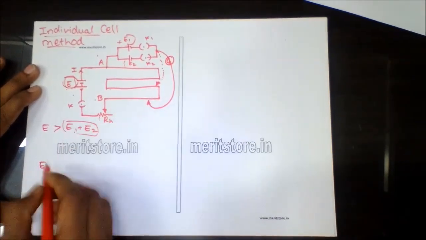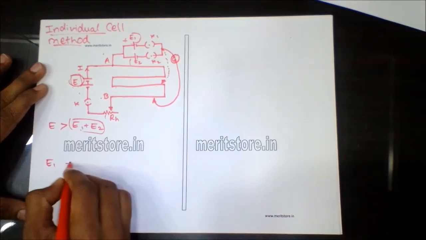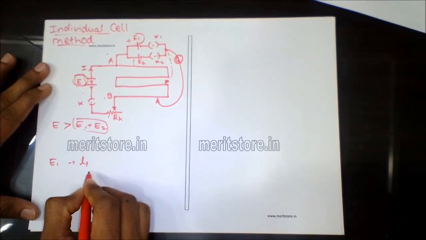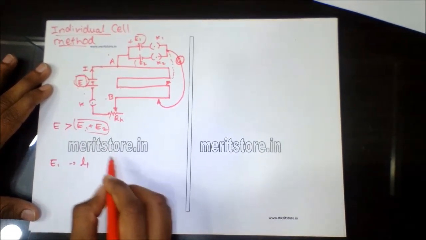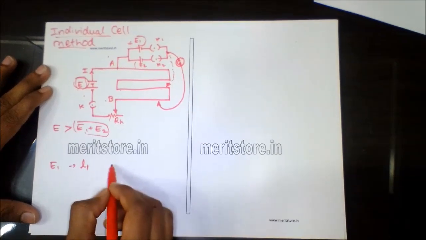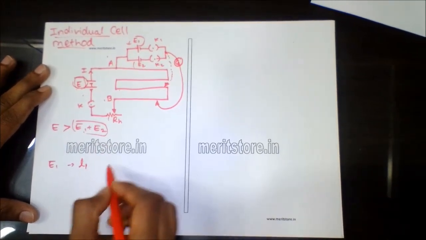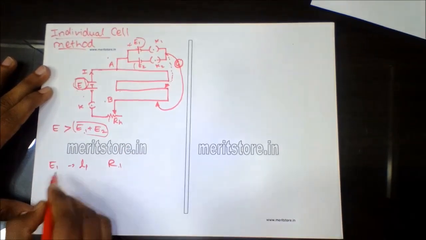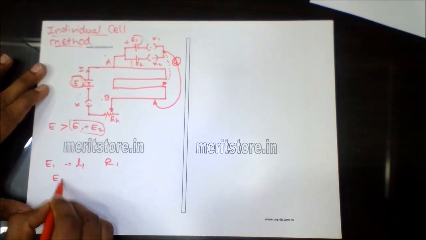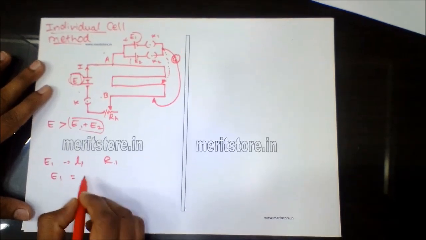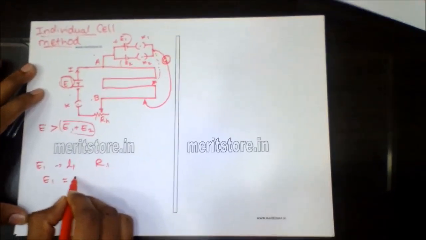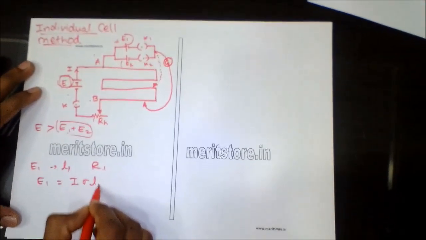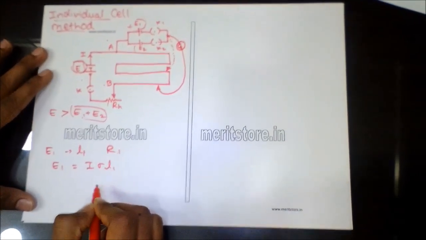The point, suppose L1, at which zero deflection is observed, corresponds to the resistance in the potentiometer wire. Hence, E1 is equal to I times sigma L1, where sigma is the potential gradient.